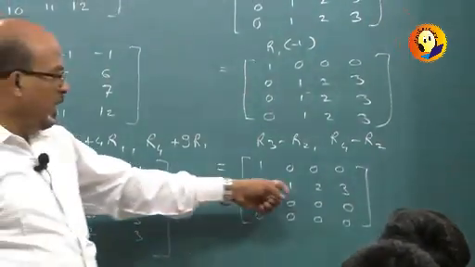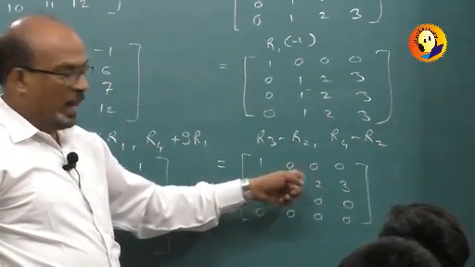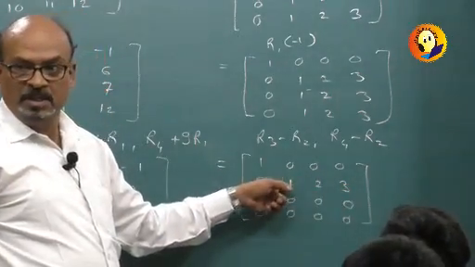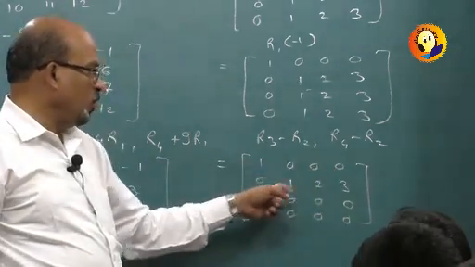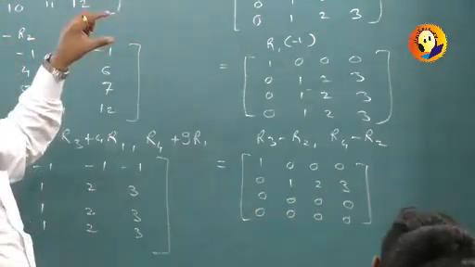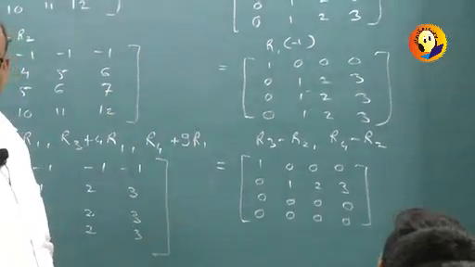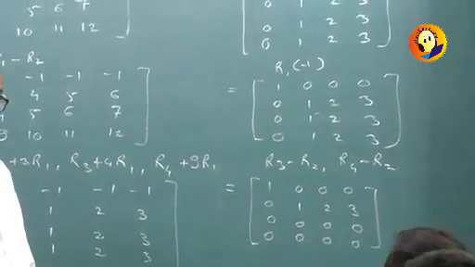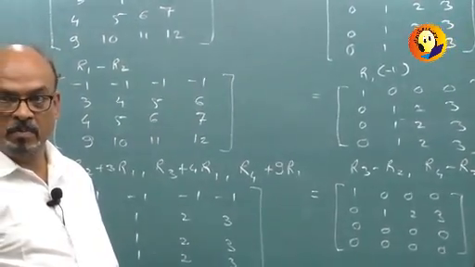And then it will be C3 minus twice C1, C2, and C4 minus 3 times C2, and you will get only 1, 0, 0, 0, 0, 1, 0, 0, and 2 rows of 0. It will be in the form I2, 0, 0, 0, and so rank is 2. Got it? That is a normal form.